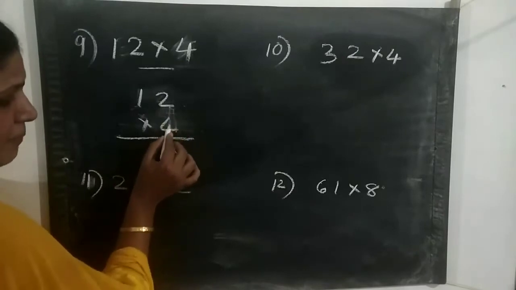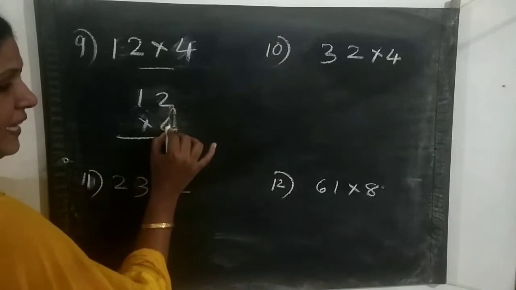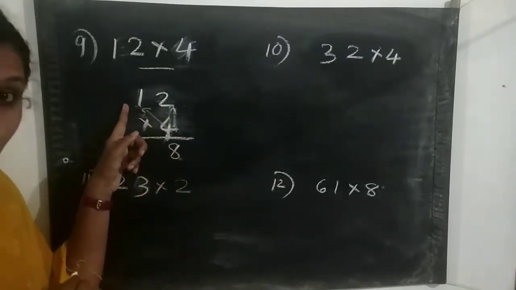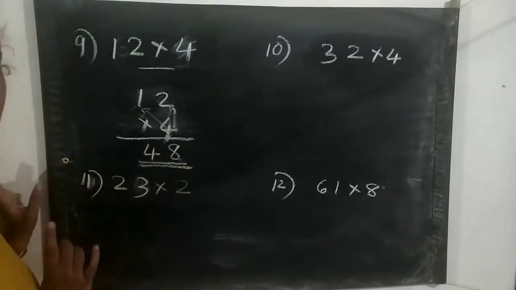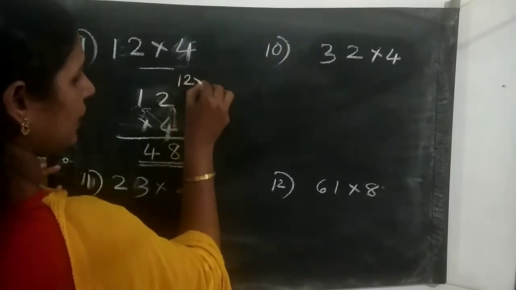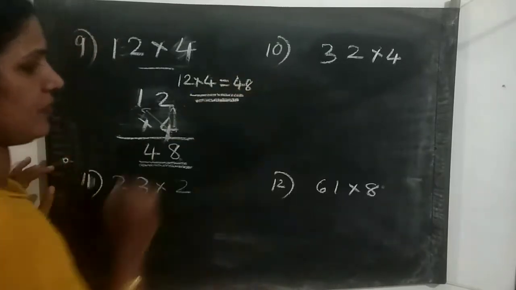Then next we multiply this 4 to this 1. 4 1s are 4. So we get the answer as 48. So our answer: 12 into 4 equals 48.